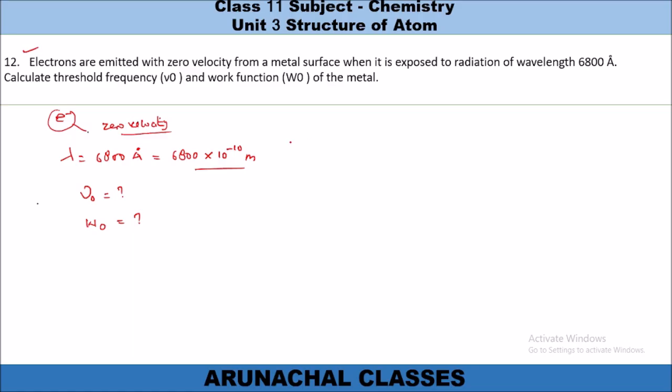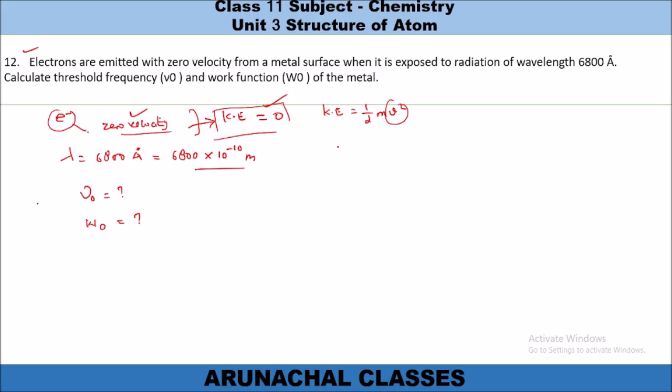So when the velocity of the electron is 0, then the kinetic energy will also be 0, as we know that kinetic energy is given as half mv².